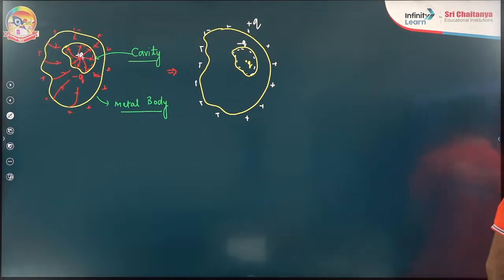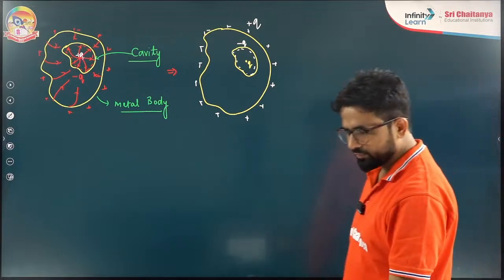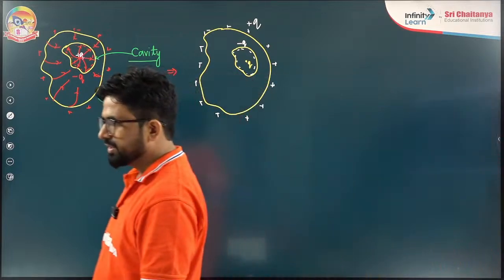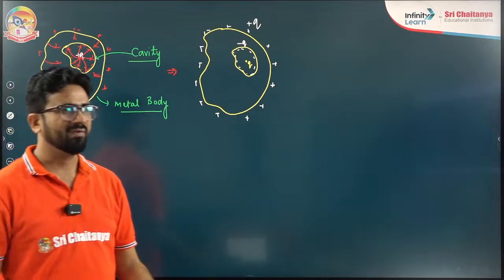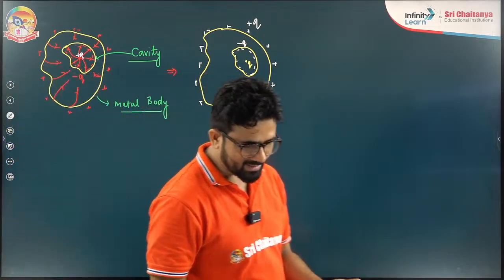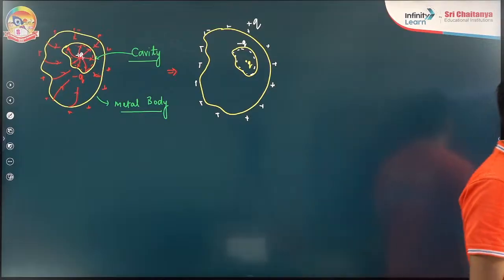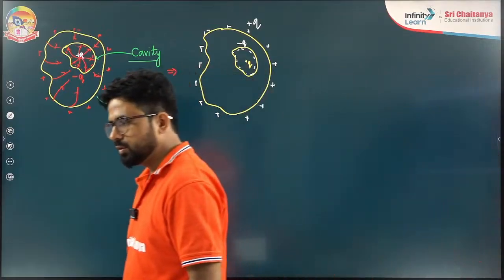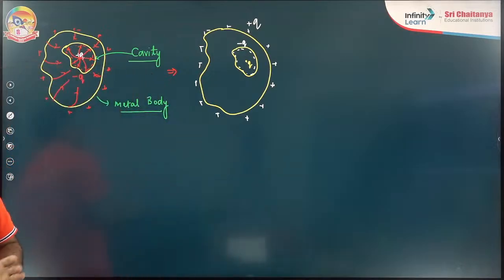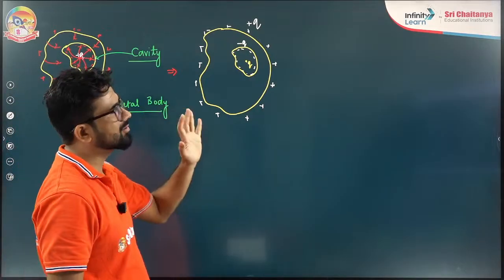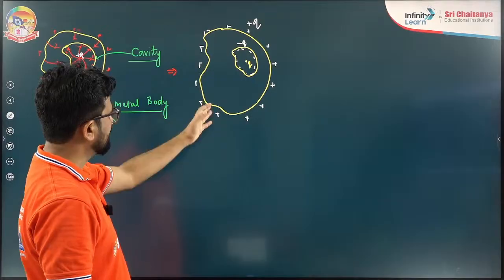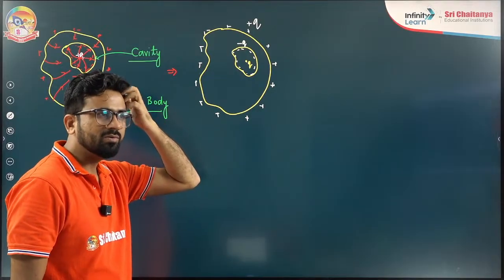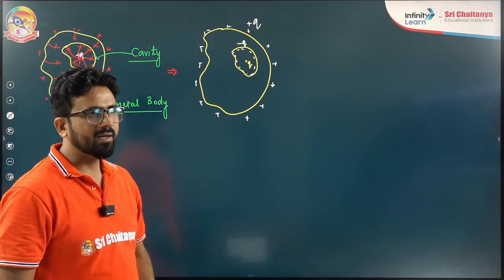Whenever you are putting any charge, it only remains on the outer surface of the conductor. Inside the conductor, net charge is equal to 0 in electrostatic condition. Clearly I am talking about electrostatic condition, not any other situation. But is it clear to everyone?